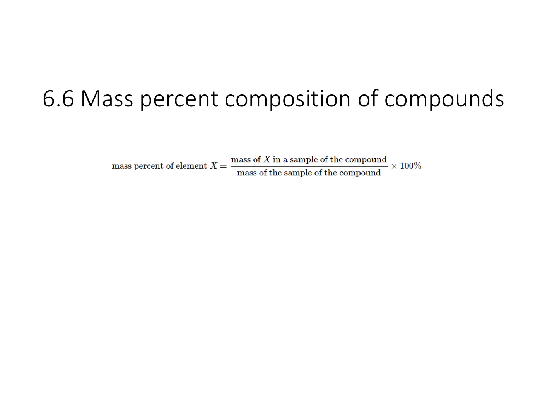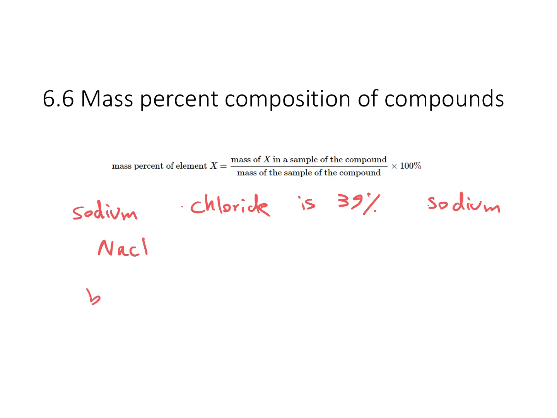Anyway, sometimes I can just tell you that sodium chloride, NaCl, is 39% sodium by mass. Can anyone tell me what this sentence means? The mass of the sodium within the compound composes 39% of the mass of the compound. Exactly.